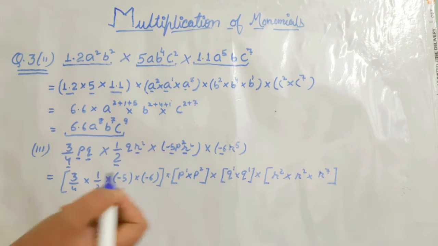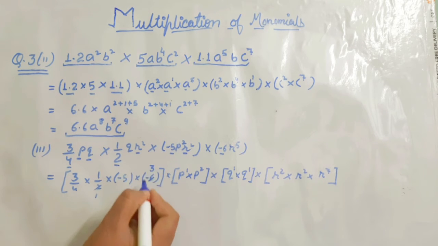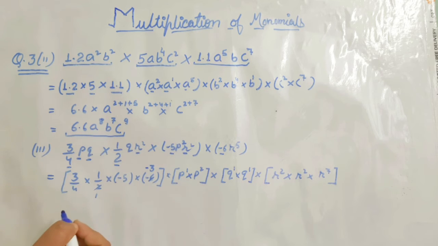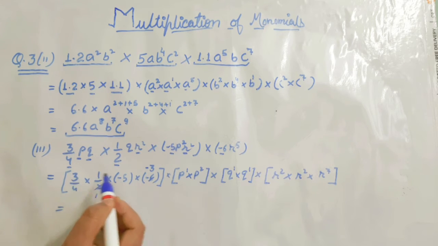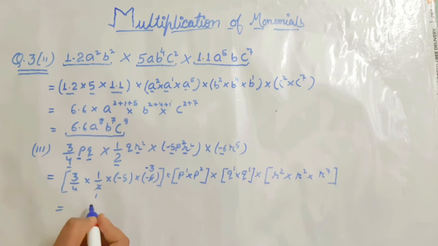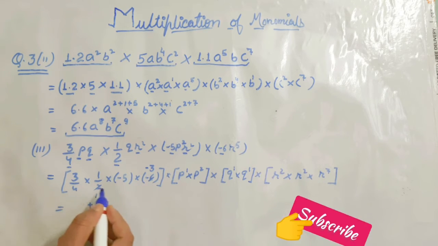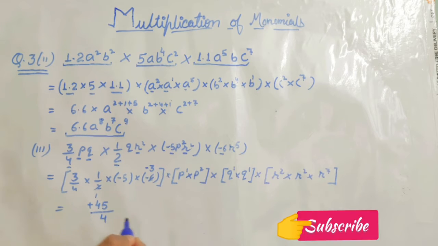Now let us simplify it. We know that 2 ones are 2, 2 threes are 6, so minus 3 will be here, and now multiply it. 3 fives are minus 15, and minus 15 multiplied by minus 3 will be positive 45 upon 4 ones are 4.